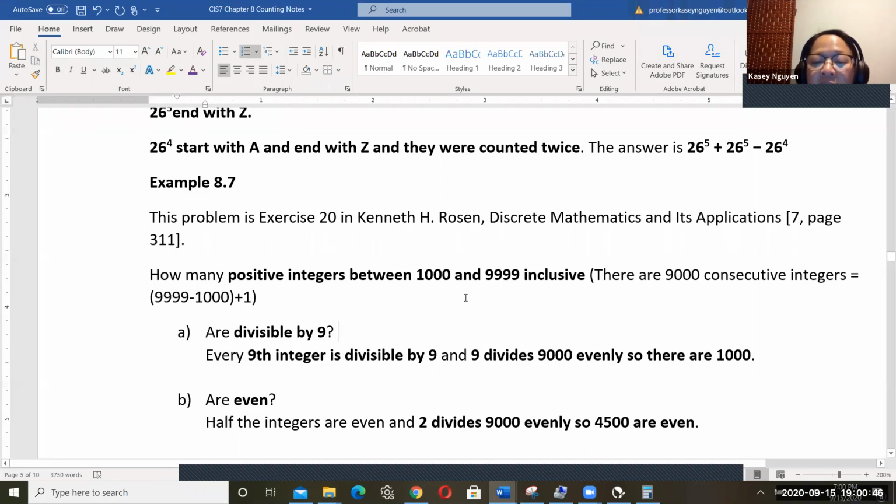So we would have 9,000 divided by 9 evenly, which gives us 1,000. So every 9th digit would be divisible by 9. So the answer for that would be 1,000.